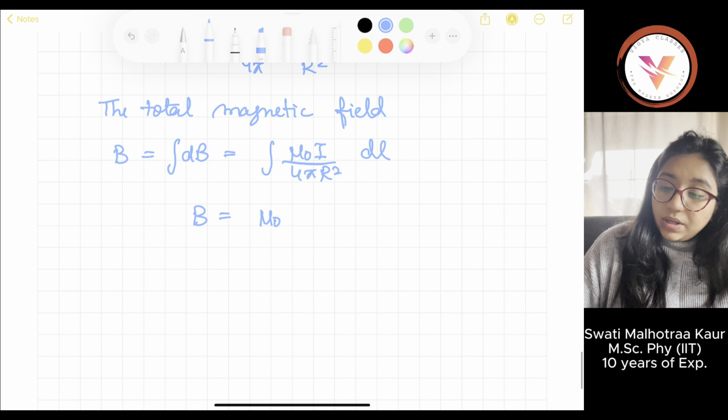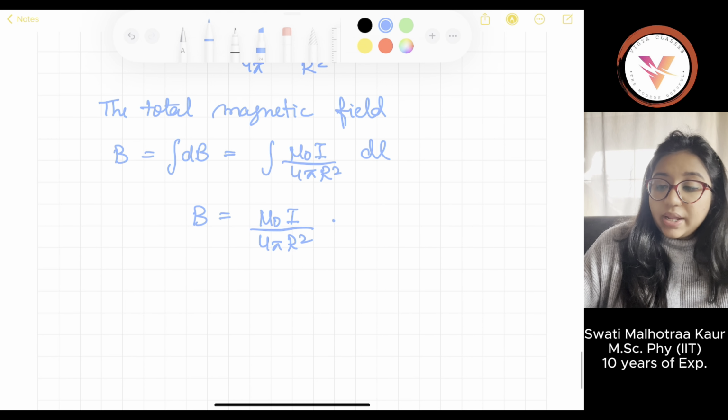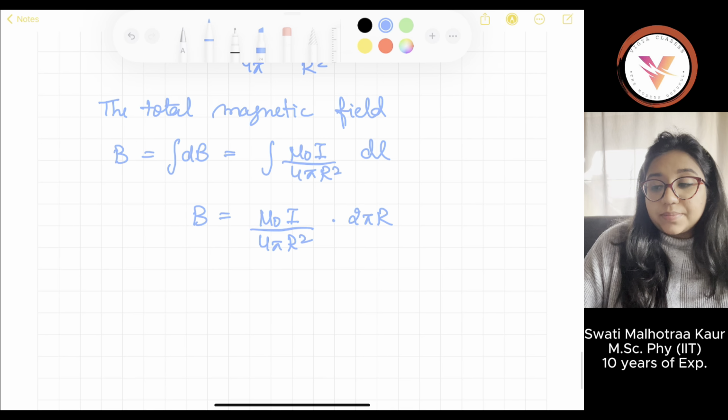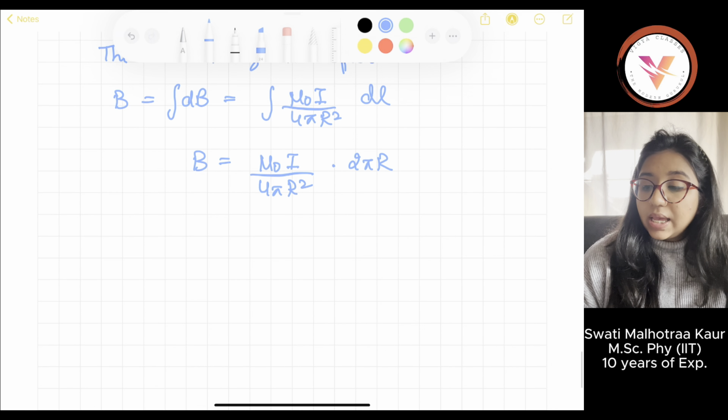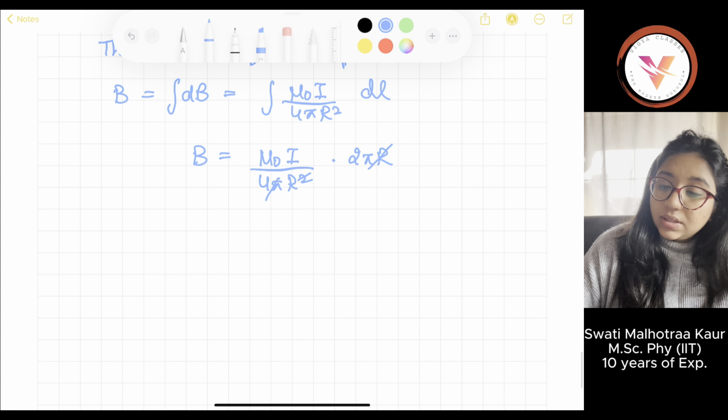Then your B would be mu naught I over 4 pi R square, and the integral of dl gives you 2 pi capital R, the simple circumference. You can cancel the values here.